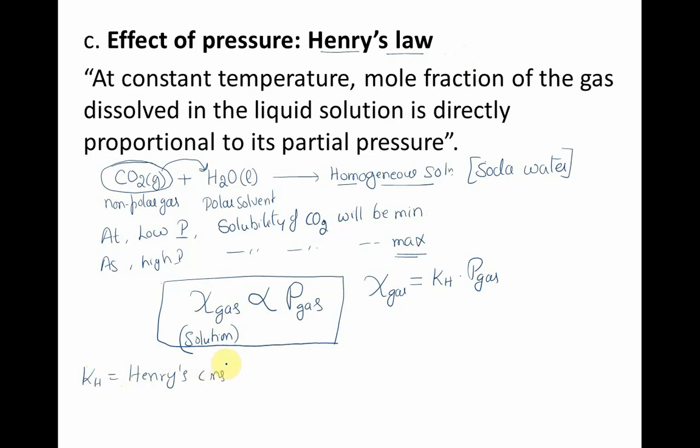Its unit can be represented either in terms of atmosphere or per bar. Or I will rewrite this as pressure of gas is exactly equal to Kh into solubility of gas, where I am going to express the unit in terms of atmosphere or bar. Okay, please note it down.